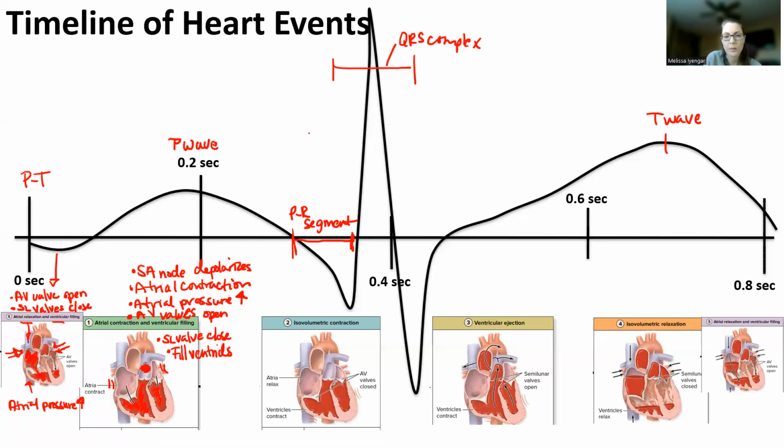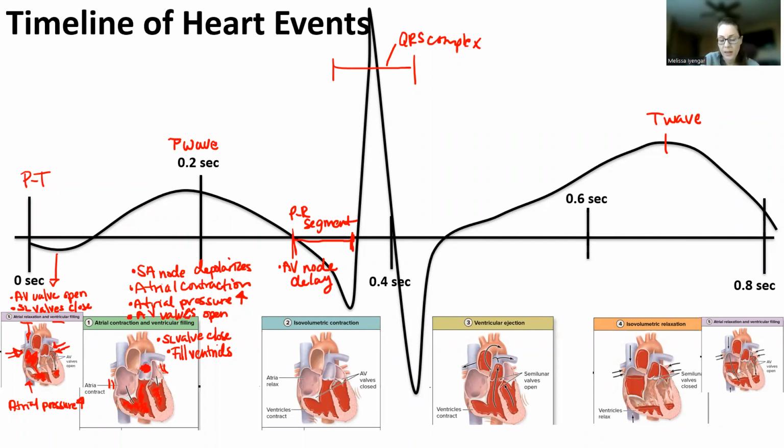But in this P to R segment, remember, this is our delay in our atrioventricular node depolarizing. And that's going to allow for continual atrial contraction, okay?